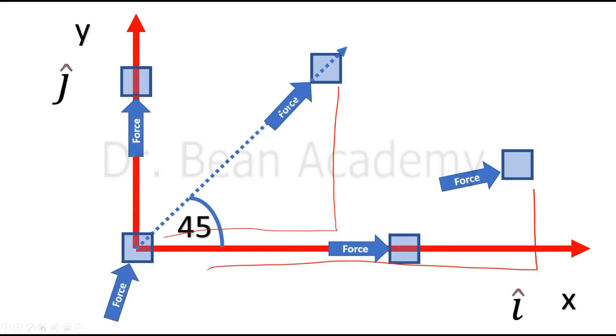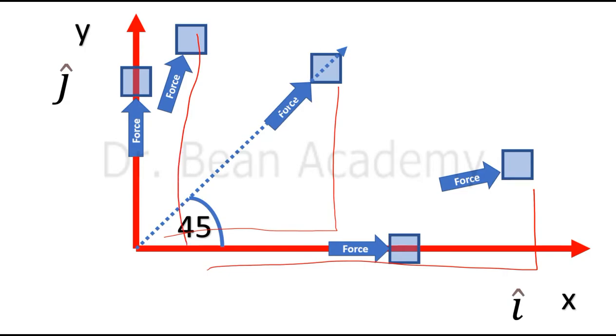If the angle of the force is greater than 45 degrees, the block will travel more vertically and less horizontally. Do you know the reason behind slowing down in one direction and getting faster in the other direction? I will explain it in a moment.